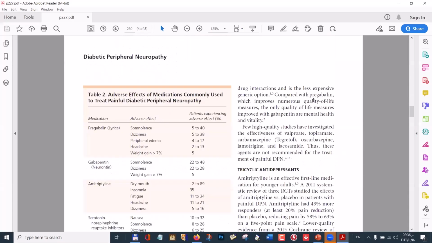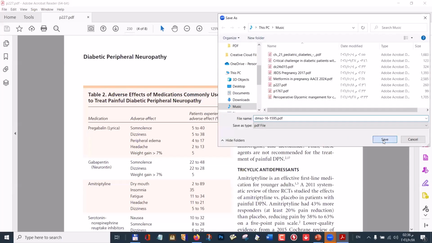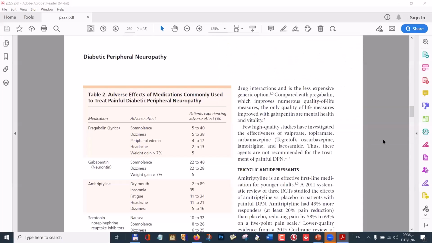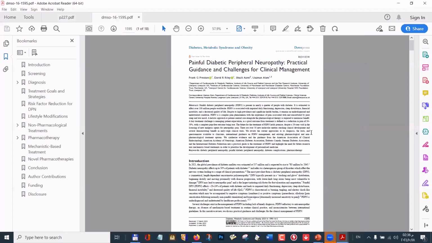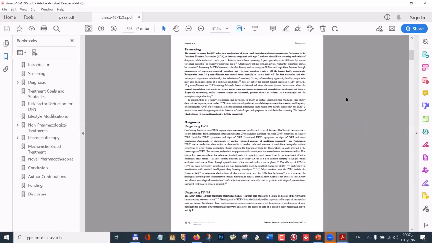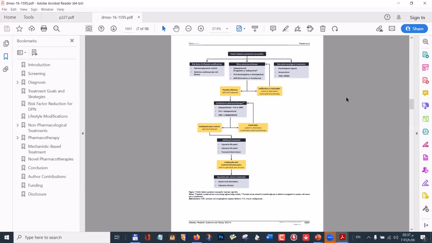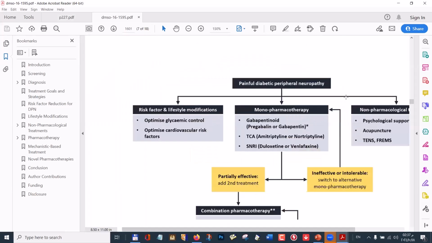And Dr. Hussam also uploaded this paper, which I think is from the American Academy of Neurology. This is another paper related to painful diabetic peripheral neuropathy, practical guidance and challenges for clinical management.